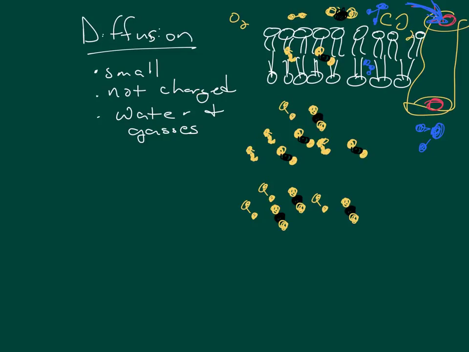It's polar, has partial charges, but it's not charged. They're small. They're not charged. And gases are examples of these as well. These pass through without any help necessary. They're always going from high to low, and because they're always going from high to low, they do not need any energy. No energy necessary.